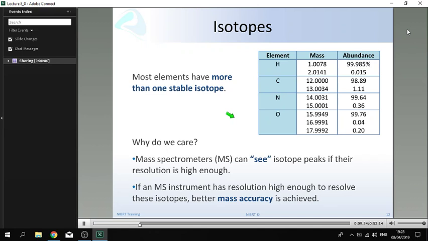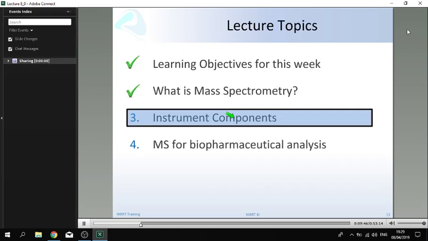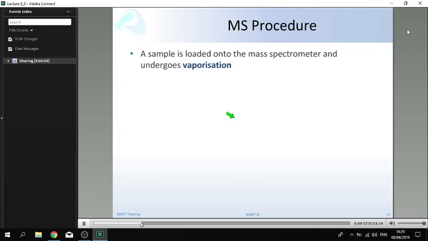So if an MS instrument has a resolution high enough to resolve isotopes, to actually be able to see different peaks for different isotopes, then we are saying that better mass accuracy is achieved with this mass spectrometer.